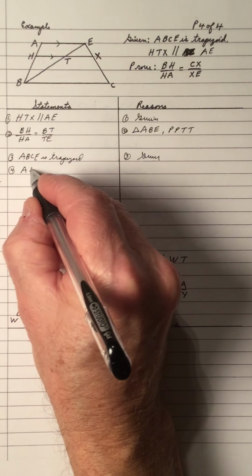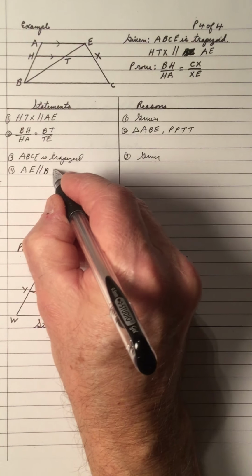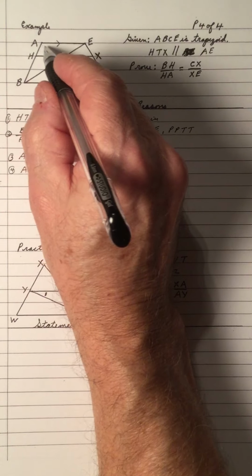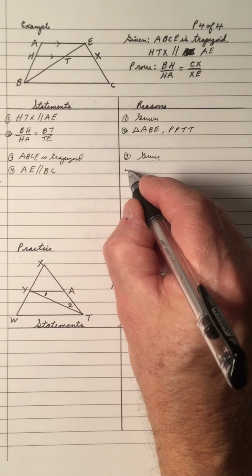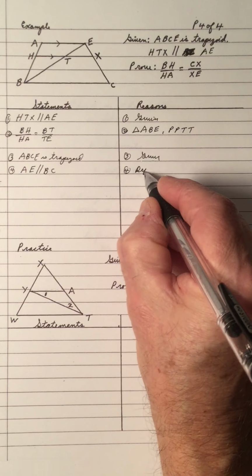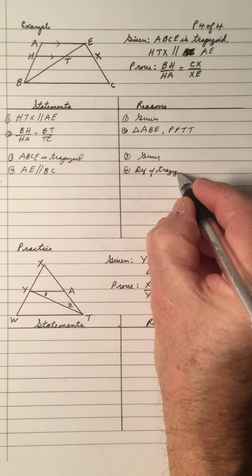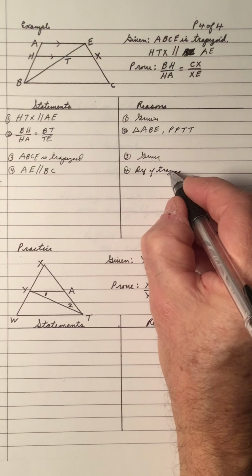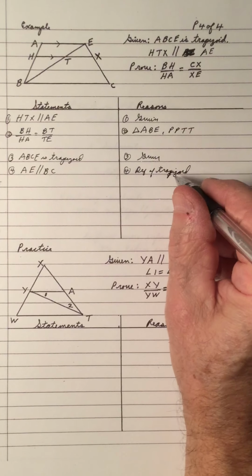Sorry, the bases are parallel, not equal. A trapezoid has the bases parallel. So it has only one pair of parallel sides, and that's these. And that's the definition of a trapezoid. My spelling is atrocious.